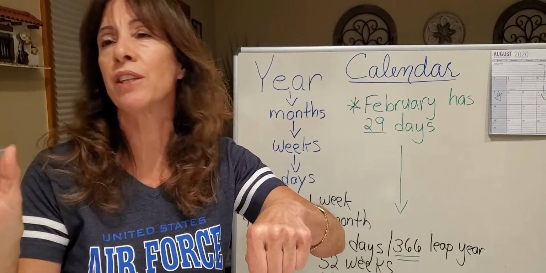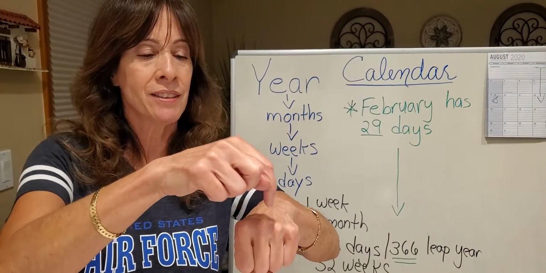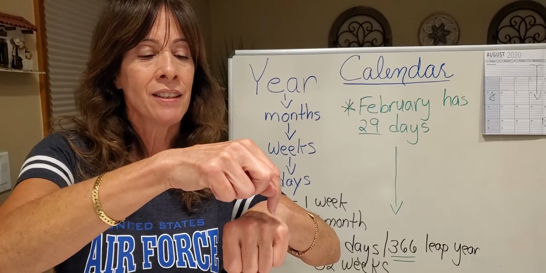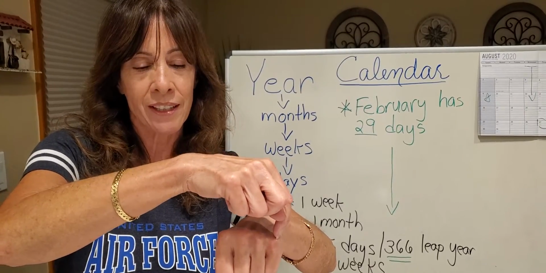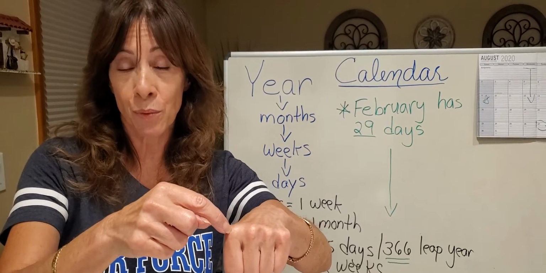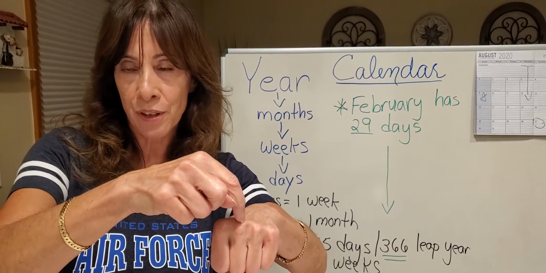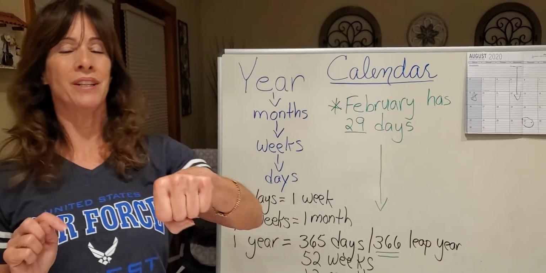February is different. February has 28 days. March falls on a knuckle, 31 days. April, nope. May, yes. June, 30 days. July, 31 days. August, 31 days. September, 30 days. October, 31 days. November, 30 days. And December, 31 days.